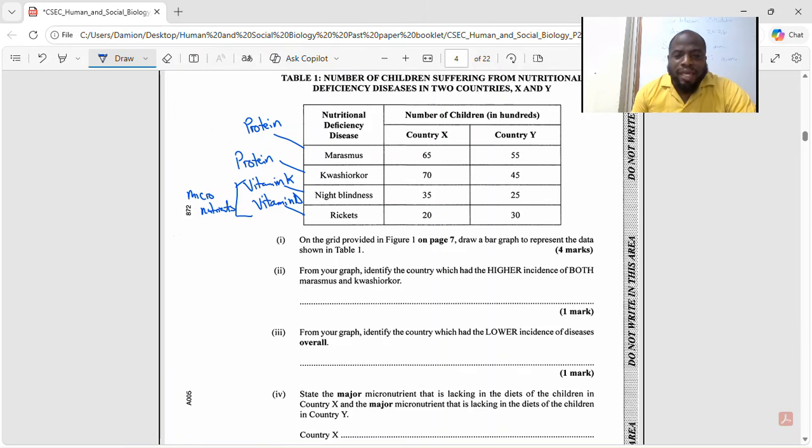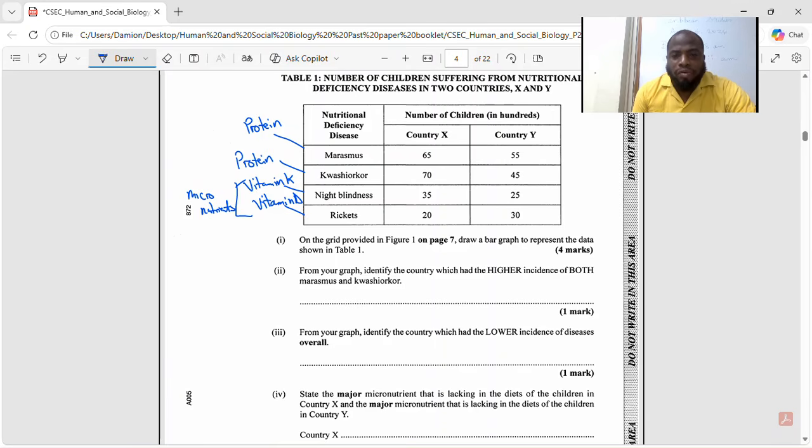From your graph, identify the country which had the higher incidence of both marasmus and kwashiorkor. So all we need to do is look at the numbers. In comparison, for country X, it was 65 for marasmus, and for country Y, it was 55.